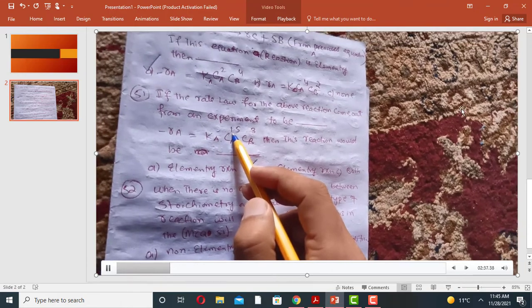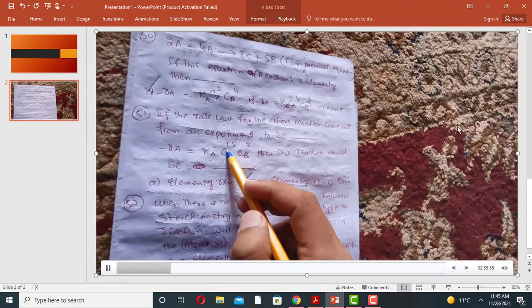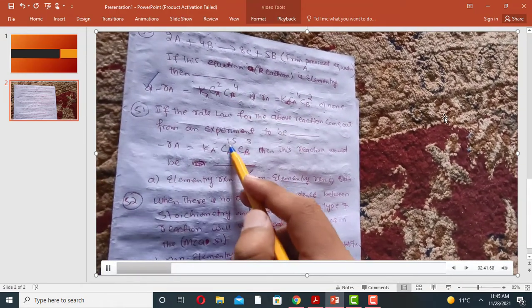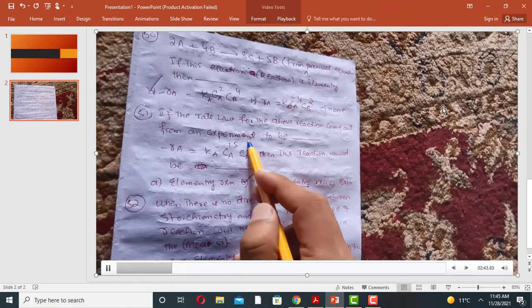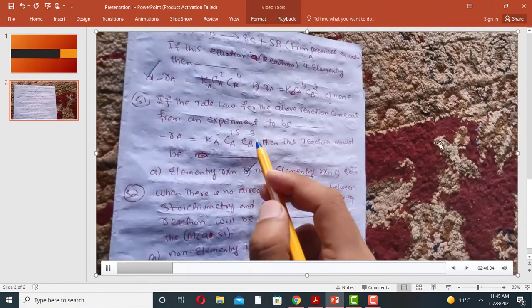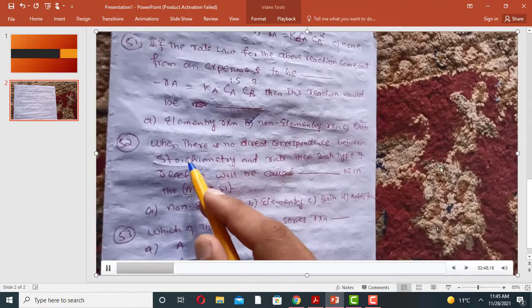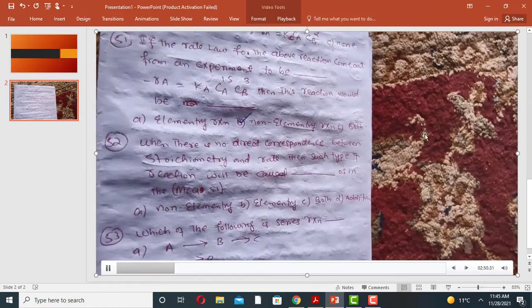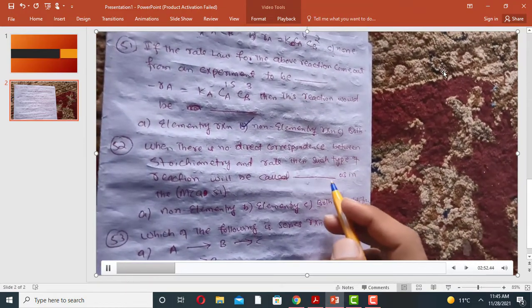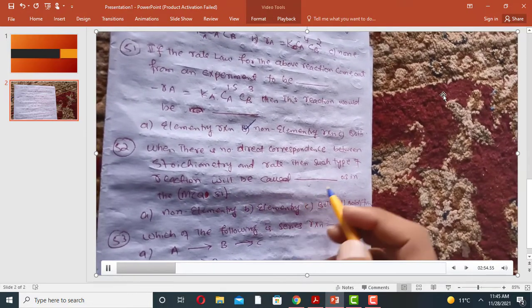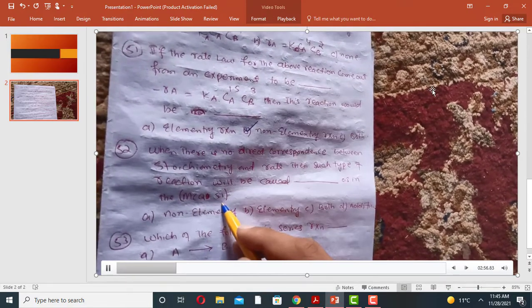The stoichiometry of A is 2, but here it is 1.5; the stoichiometry of B is 4, but here it is 3. When there is no direct correspondence between the stoichiometry and the rate, such a reaction will be called dash, as in MCQ number 51.